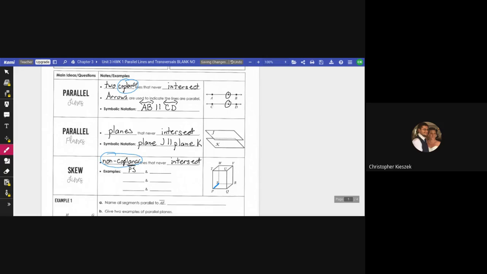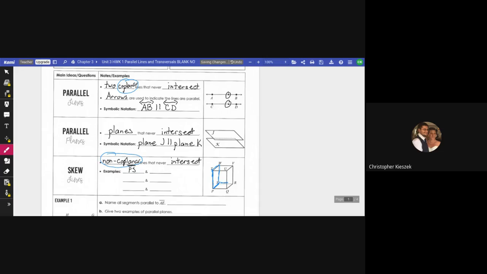And when you're thinking about this, you want to think to yourself, okay, what other lines are in the same plane as PS? Think of rectangular shapes here. What edges does PS make? Well, PS belongs to the left side of the box here. So all those lines that I just traced, they're part of the same plane as PS, so they are not skew.